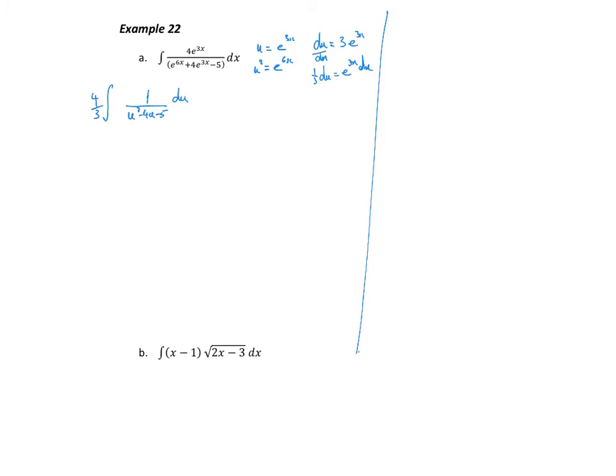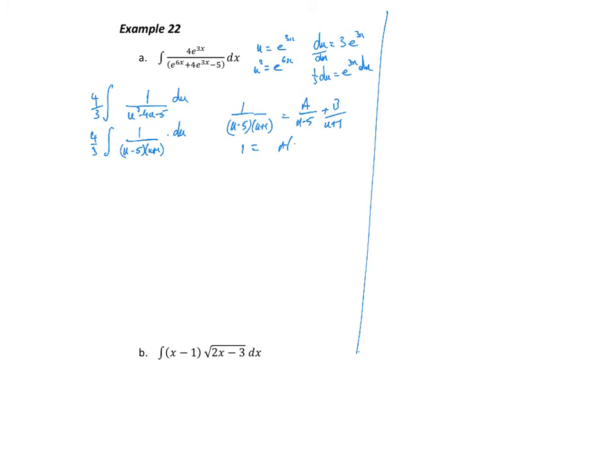Now that looks like something we can deal with. Equal to 4/3 of 1 over (u minus 5)(u plus 1). So 1 over (u minus 5)(u plus 1) is equal to a over u minus 5 plus b over u plus 1.